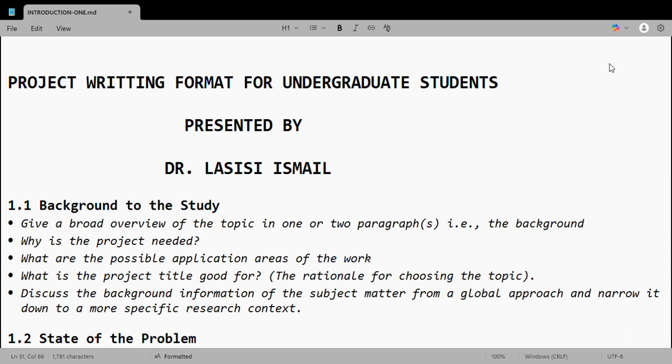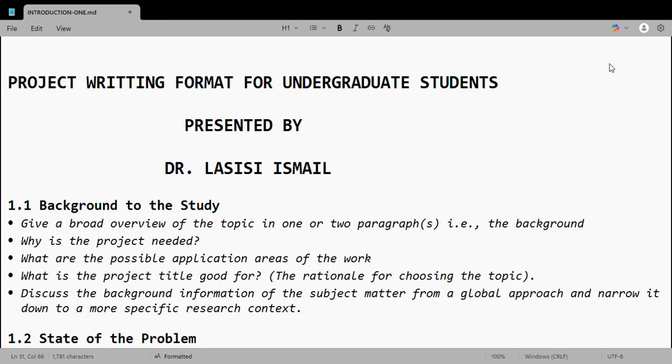To work on research, the first goal is to identify an area of interest. Be it an undergraduate student or a postgraduate student, you must first identify a research interest. There are several research domains that a student may decide to work on. Among them, we have security. Security is very broad.